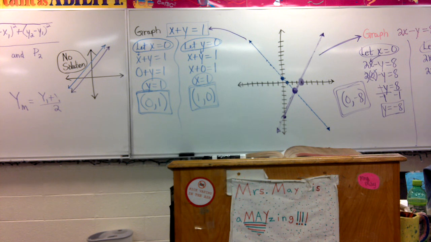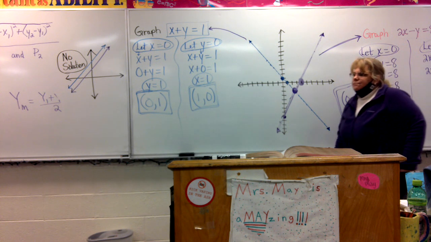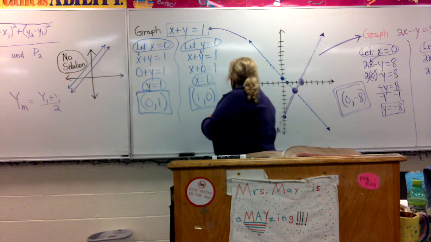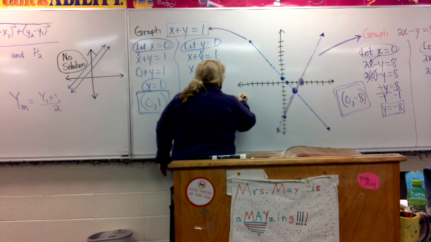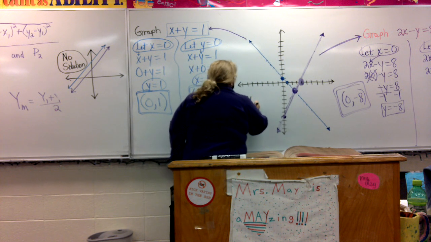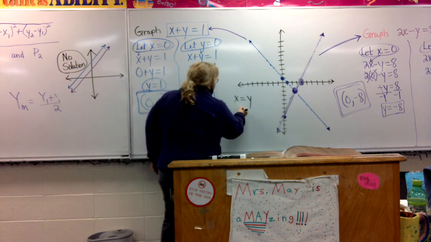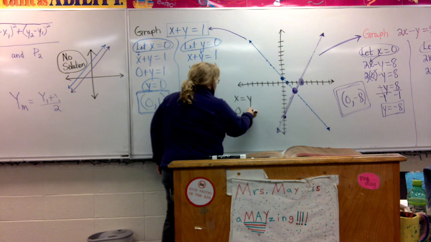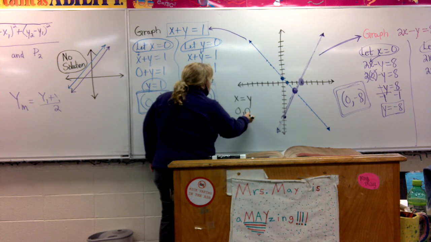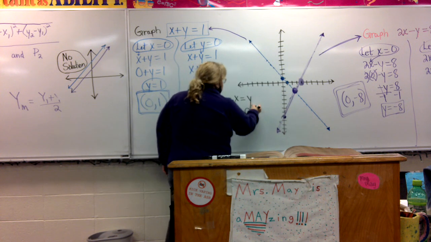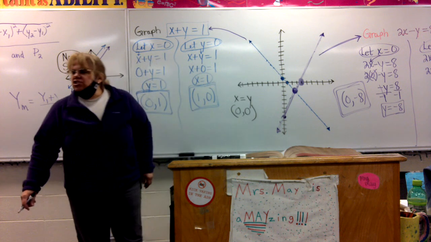And the other thing, the very first problem is x equals y. So if you put in x is 0, what's y? 0. If you put in y is 0, what's x? 0.